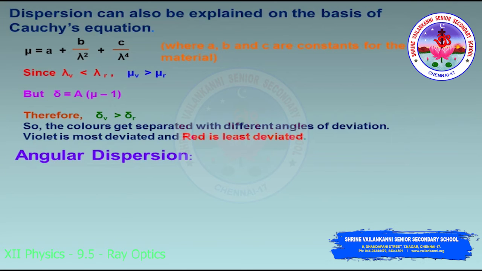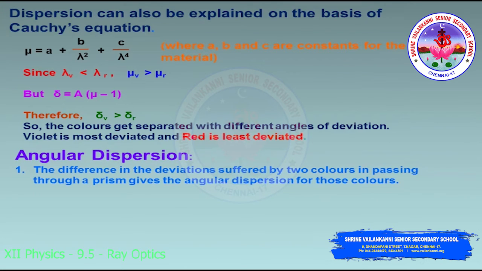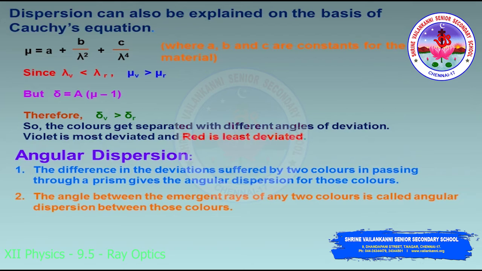What is the angular dispersion? When a beam of white light passes through a prism, it gets dispersed into its component colors. Sigma is the deviation angle for violet, red and yellow respectively.